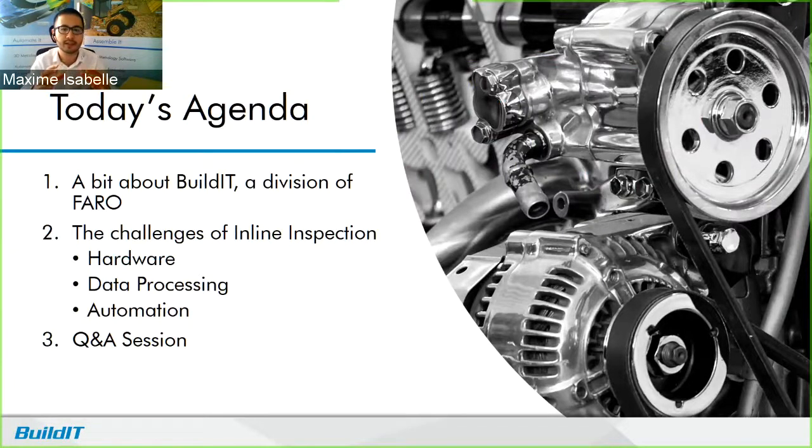I'm going to cover three main areas: the hardware, how we can choose the right hardware to optimize for speed, for example; the data processing, which is the BuildIT software aspect of it. How do we process the data? And then finally, we're going to talk about automation, which is also, of course, a very important component of this. And then at the end, I'll spend a bit of time to answer your questions if you have any.